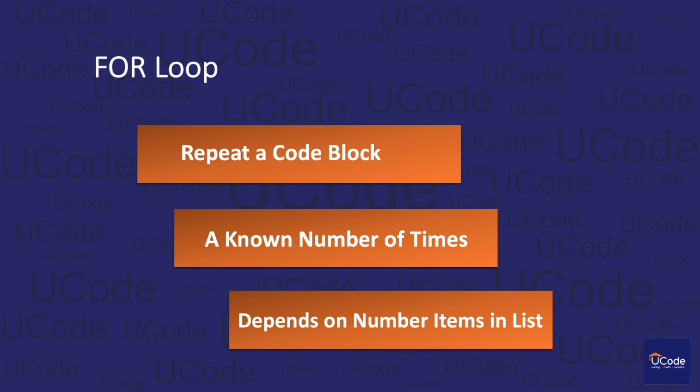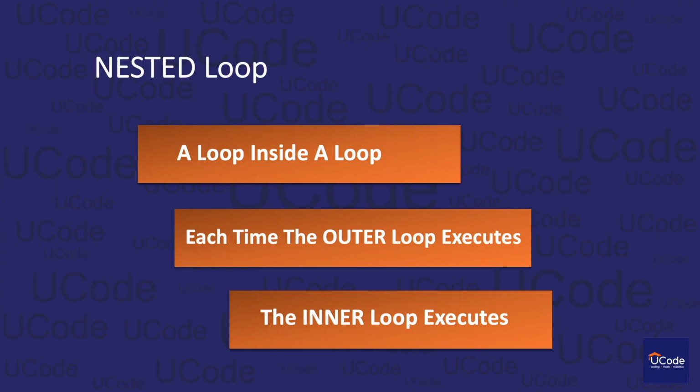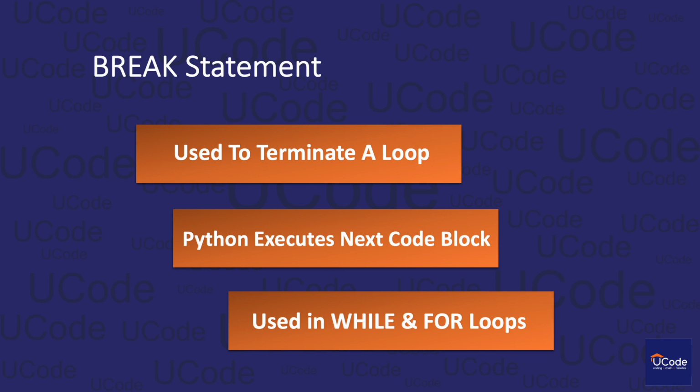A for loop is used for iterating over a sequence. This can be a list, a tuple, a dictionary, a set, or a string. A nested loop is a loop inside a loop. And we learned about how the break statement in Python terminates the current loop and resumes execution at the next statement. Great! Let's jump into functions.